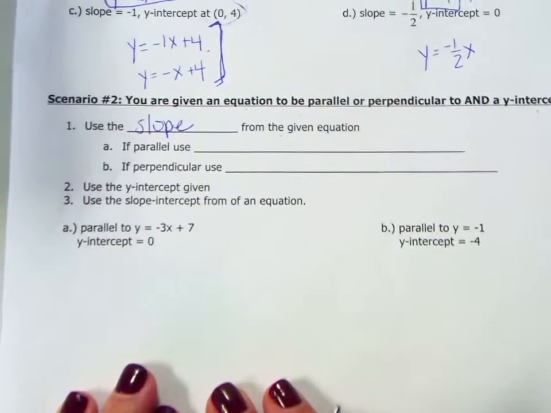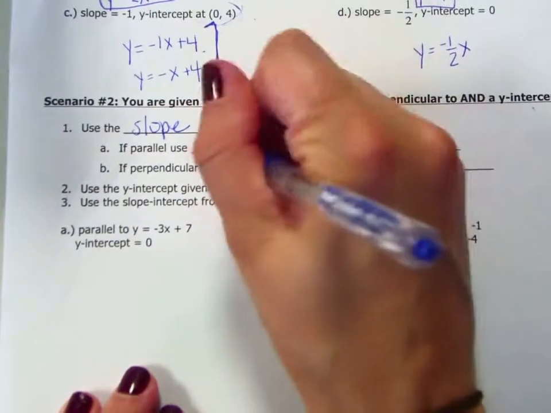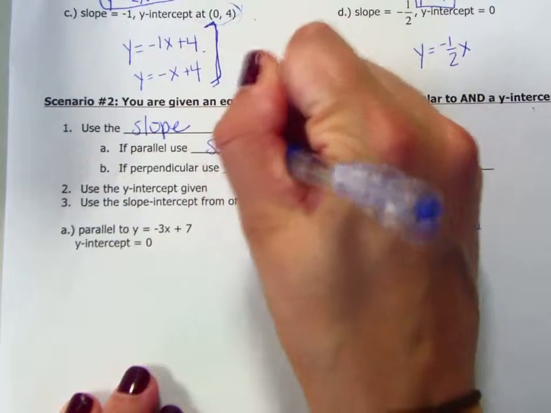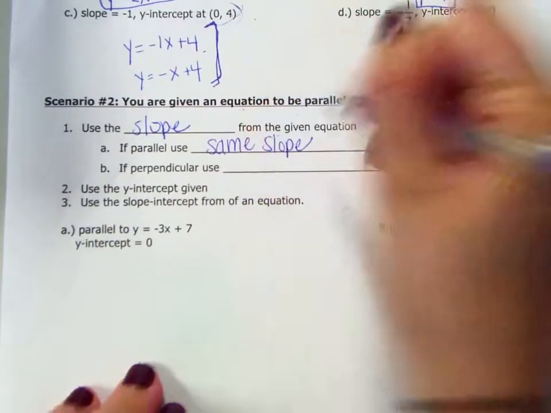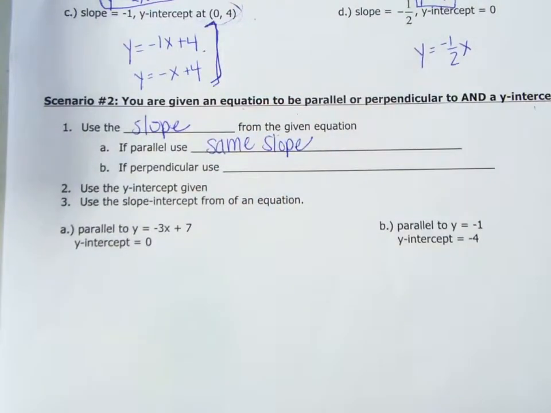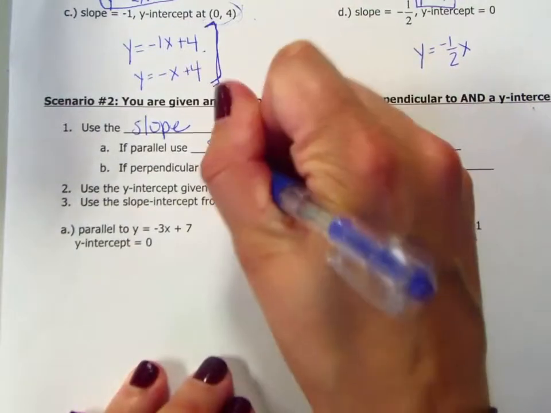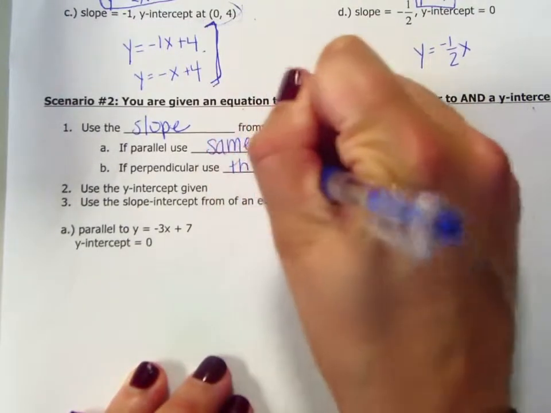If you need your line to be parallel, we are going to use the same slope, since parallel lines have the same slope. If our line is to be perpendicular to, we are going to use the opposite reciprocal slope.